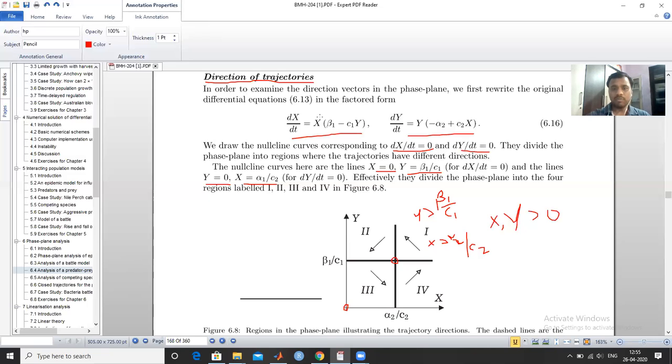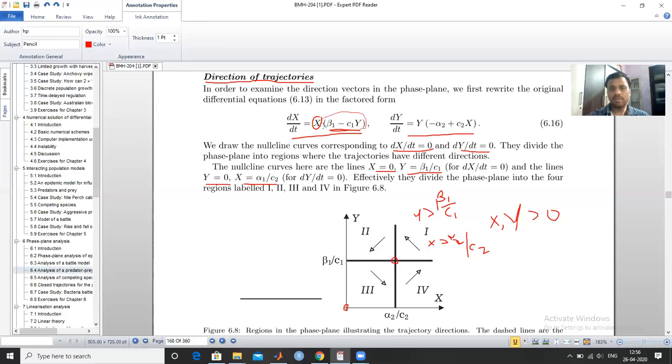So what will be dx over dt? Actually, x is there, so it doesn't matter. This value is always positive, so that will be a positive quantity. It doesn't matter whether it is greater or less than this one, but x is always positive. But what about this factor? Actually y is greater than beta 1 by c1. So if you put the y value, greater than this one, c1 cancels out, so this quantity will be negative.